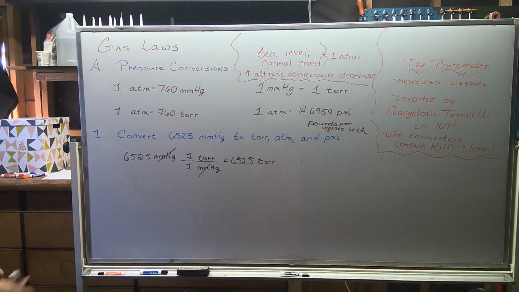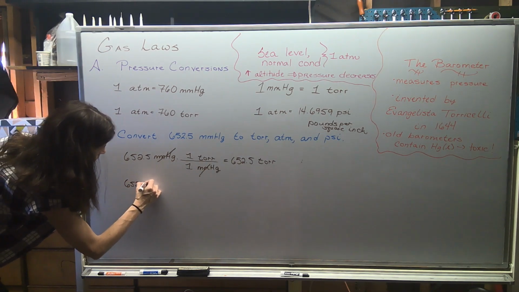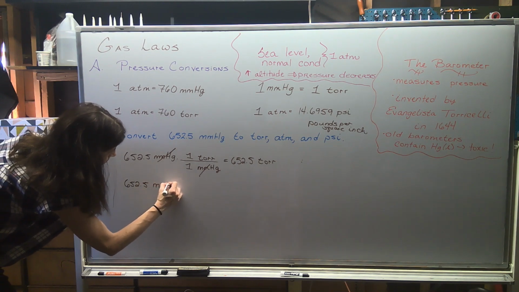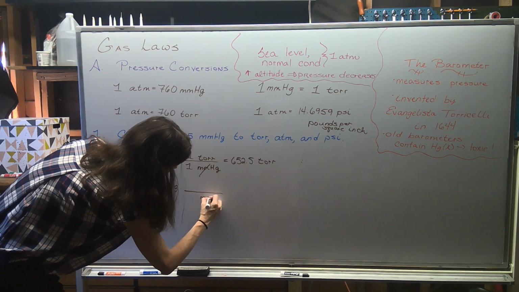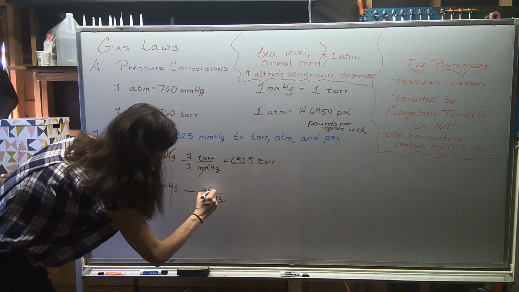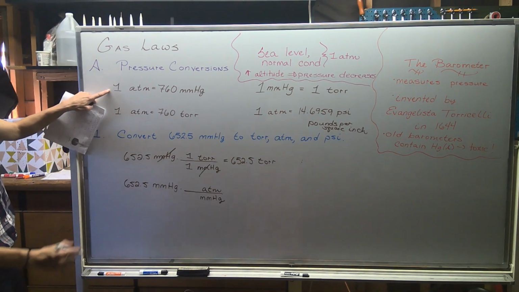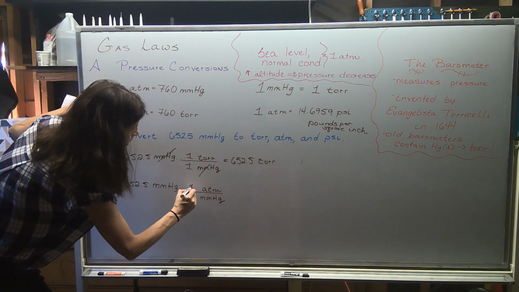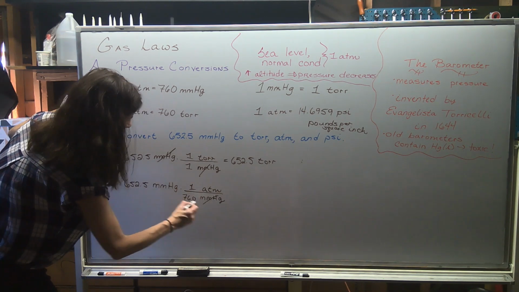Let's do the ATMs. 652.5 millimeters of mercury. Trying to get rid of millimeters of mercury. And I would like to go to ATMs, or atmospheres. So my conversion factor tells me that 1 ATM has 760 millimeters of mercury.